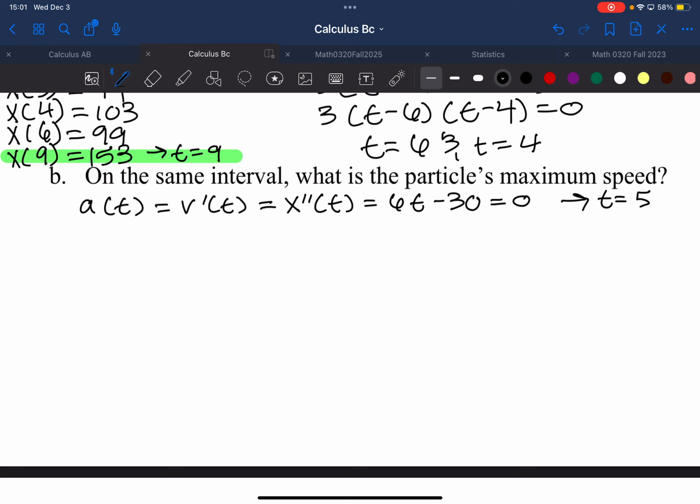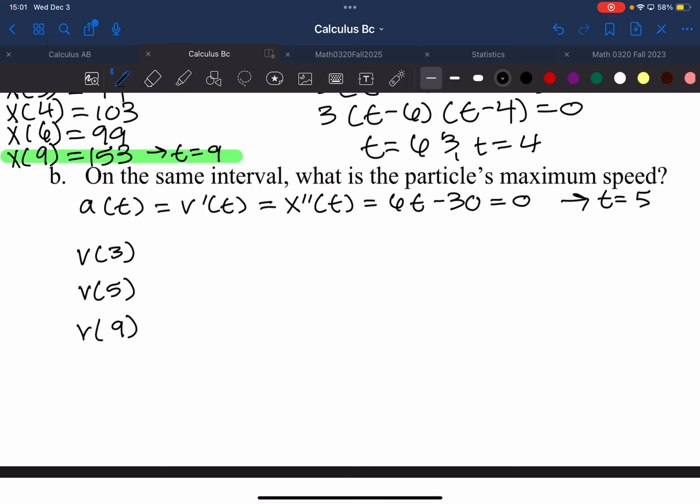Right? We add 30 to the other side. 30 divided by 6 is 5. Okay, we're then going to take that value with the endpoints and we're going to plug it into velocity. So we're going to find v of 3, v of 5, and v of 9.